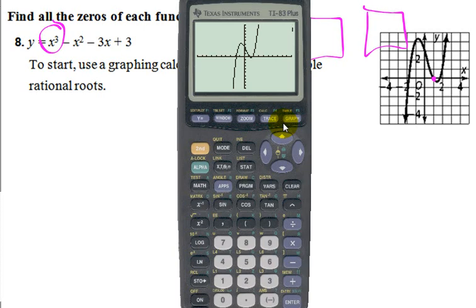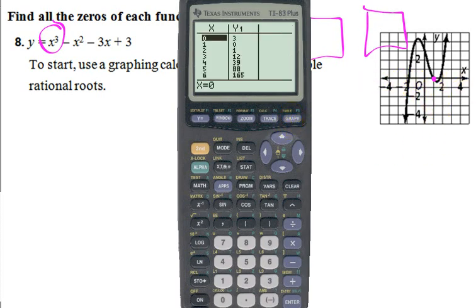So this time, instead of using my zeros, second function calculate zeros, I'm just going to go to the table. So go to second function and hit your graph. That's the table. And we know we're looking for where these points cross the x-axis perfectly. So we're looking in this y column, right?